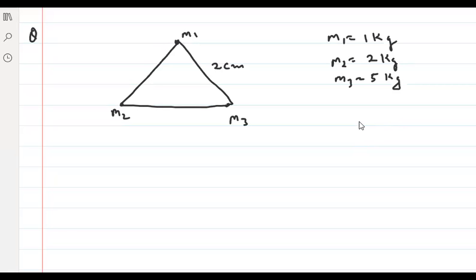Addition is for discrete particles, that's what we have done. But for continuous objects, we will do integration. We will solve one problem based on that also. I hope everyone knows basic integration.